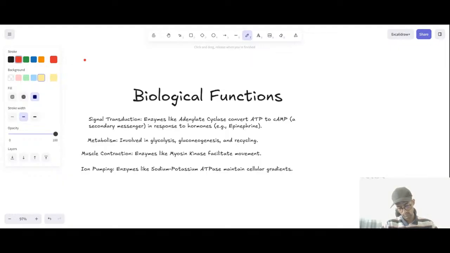Activated based on the needs of the body.